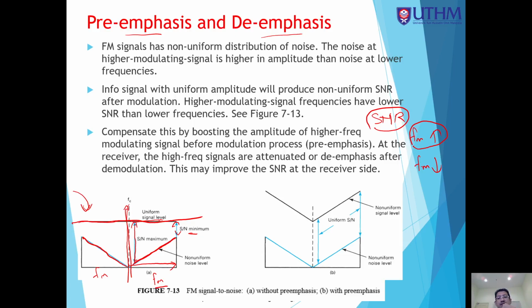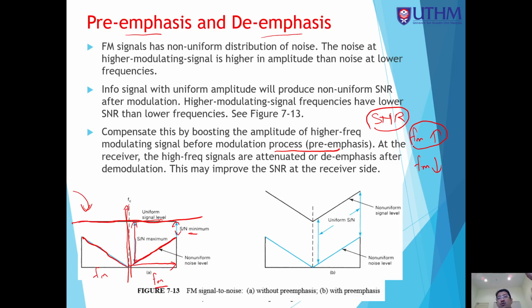In order to increase the SNR value, especially at higher modulating signal frequency, what we can do is the process of pre-emphasis and de-emphasis. Okay, so pre-emphasis means that we will increase the amplitude of the modulating signal before the modulation process at the transmitter, and then at the receiver side we will do the de-emphasis process to do the reverse process.